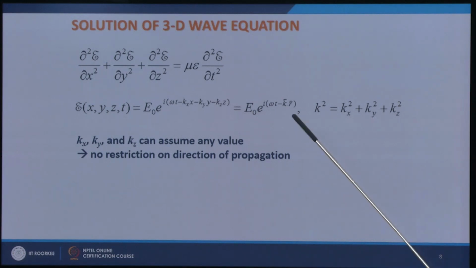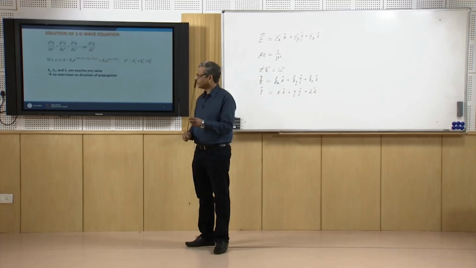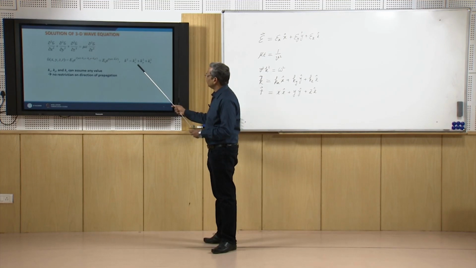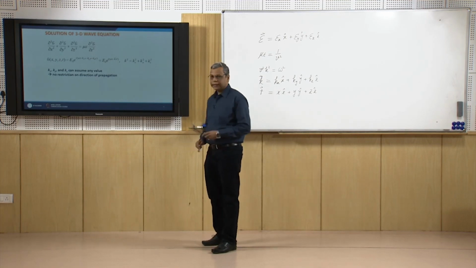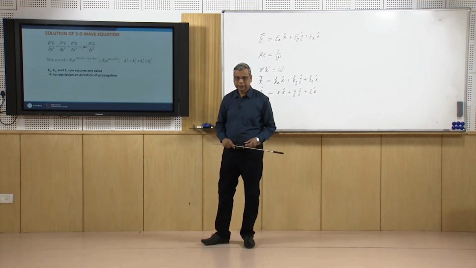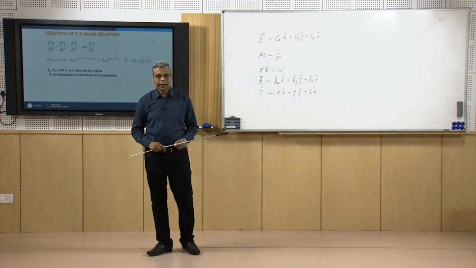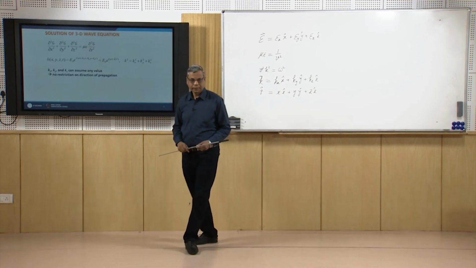If you look at this k dot r, in what direction is the wave moving? It is moving in one particular direction, which is represented by the values of k x, k y and k z. K x, k y and k z are the projections of vector k on the x, y and z axes.